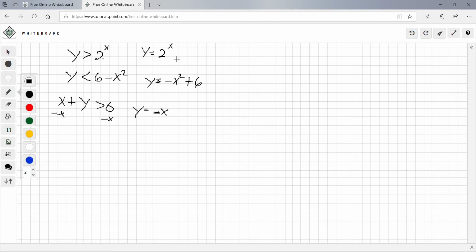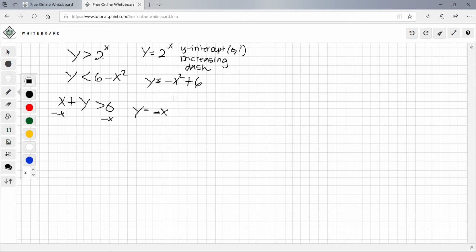I think we graphed it earlier, so it has a y-intercept of 0, 1. It's increasing, and this is going to be dashed because there's no equal sign.